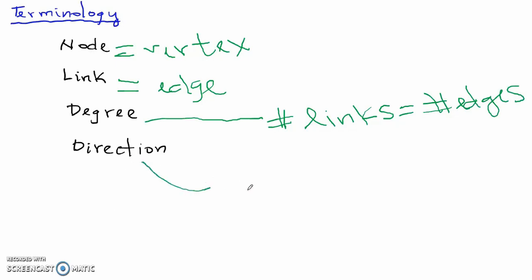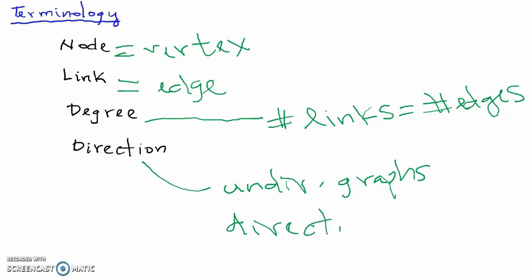And there may be a sense of direction. This is what we're mentioning: there are some that are called undirected graphs, and there are other ones that are called directed graphs. So there may be a sense of how one would traverse or travel throughout this set of nodes and links.